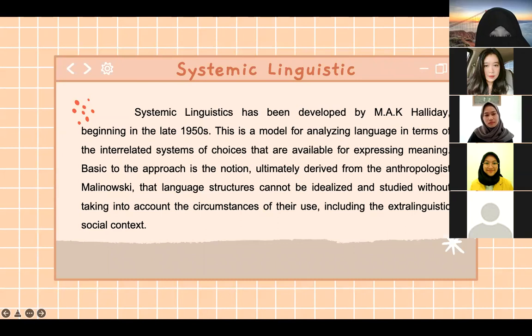Basic to the approach is the notion, ultimately derived from the anthropologist Malinowski, that language structures cannot be idealized and studied without taking into account the circumstances of their use, including the extralinguistic social context.